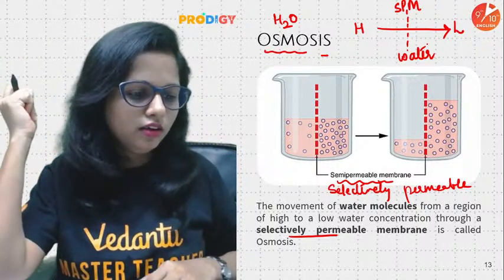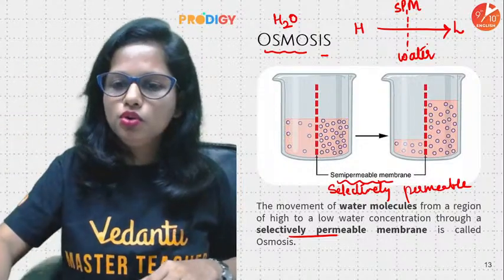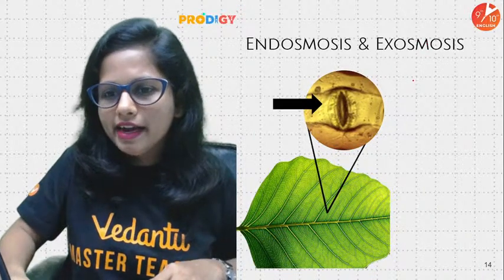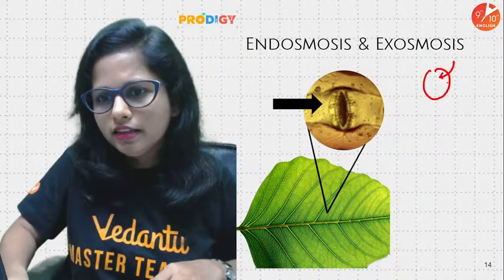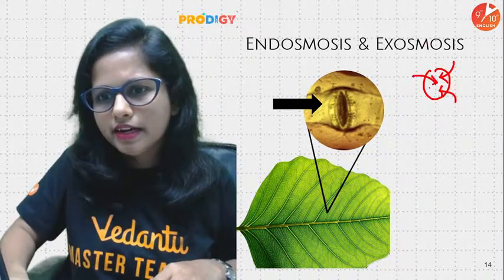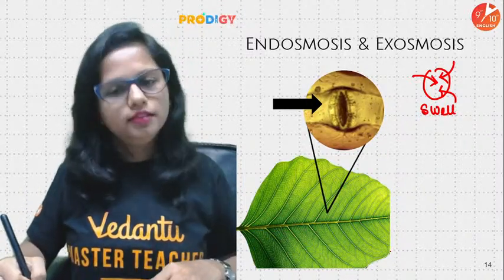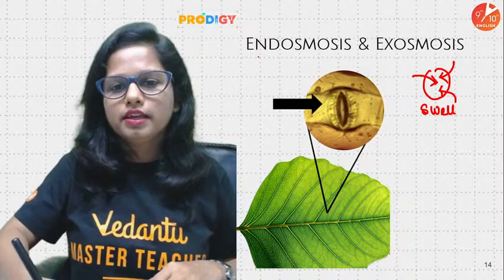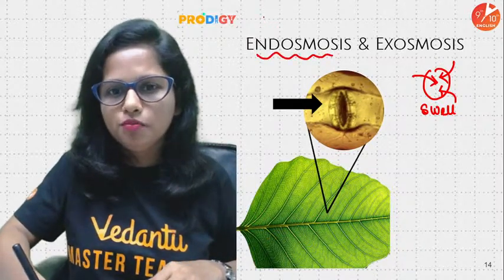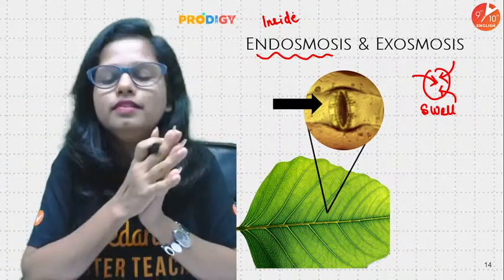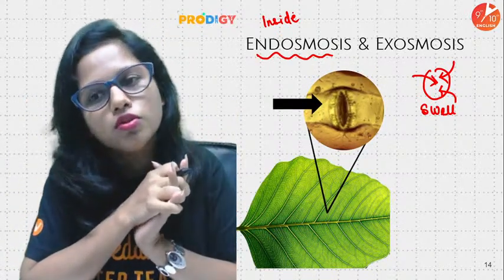So guys, when water enters inside a cell, the cell will swell. And this process is known as endosmosis. Endo means inside. So when water enters inside a cell, it's known as endosmosis.